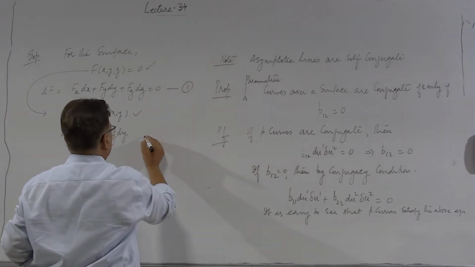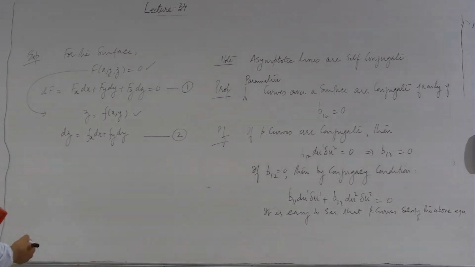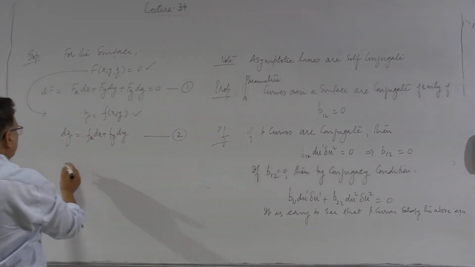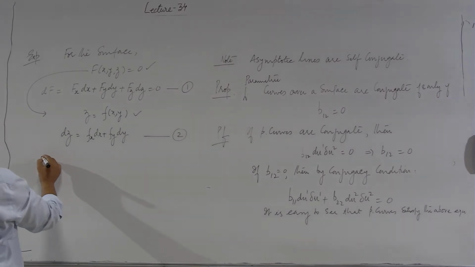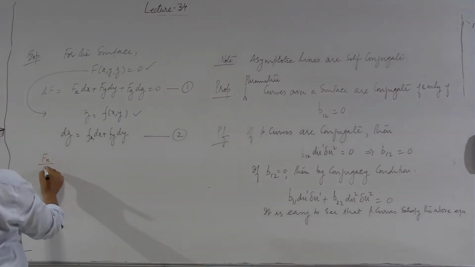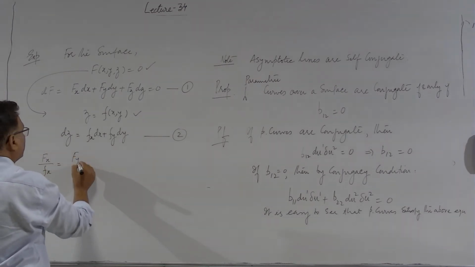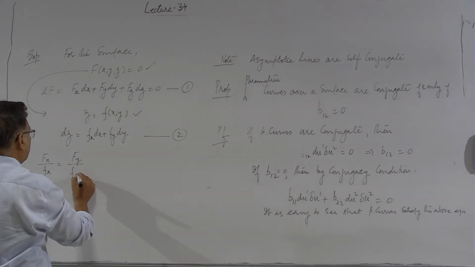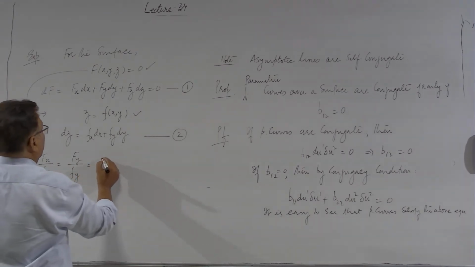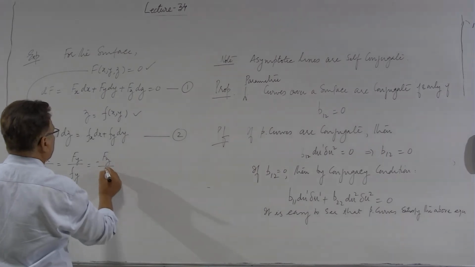Let me call this 1 and this 2. On comparing the coefficients in 1 and 2, what you get is F_x upon f_x is equal to F_y upon f_y equal to F_z upon minus 1.